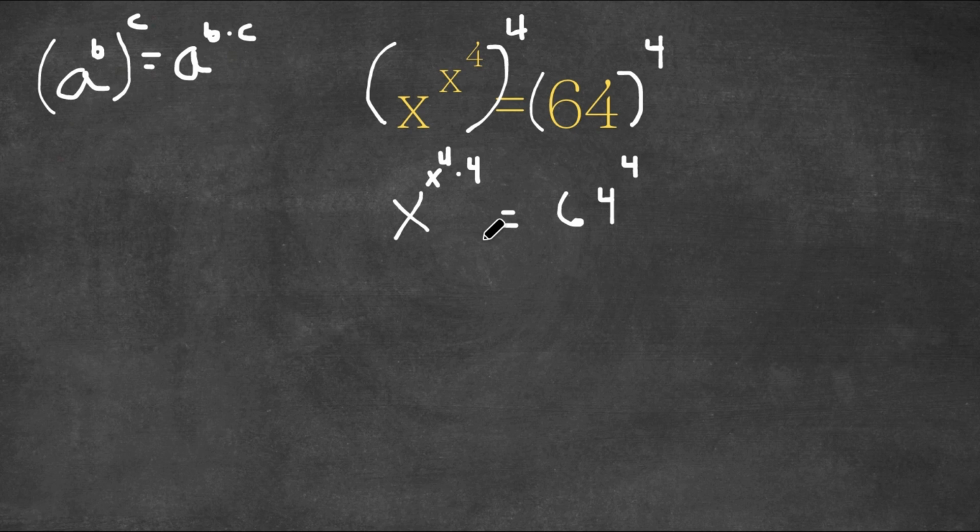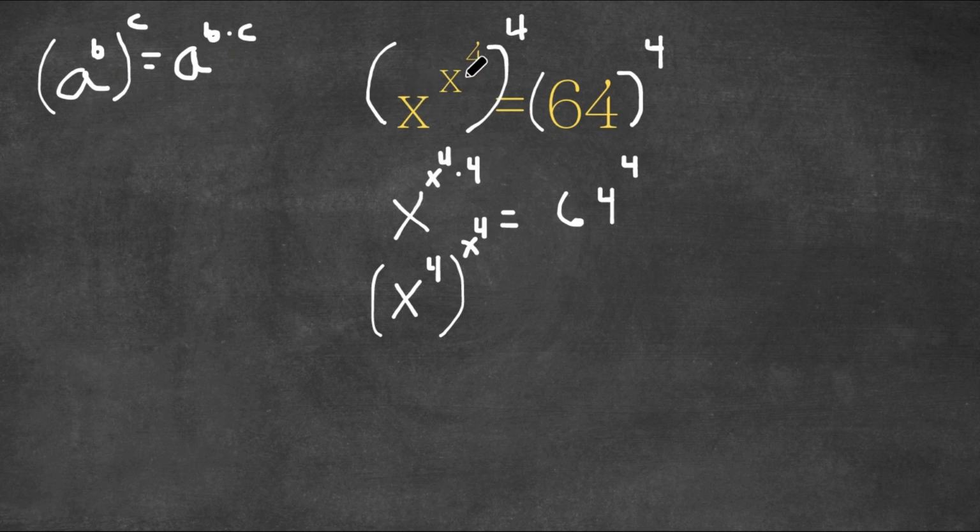Now, I'm going to switch this so that it's in the form x to the power of 4 to the power of x to the power of 4. As you can see, all I did was switch the order.